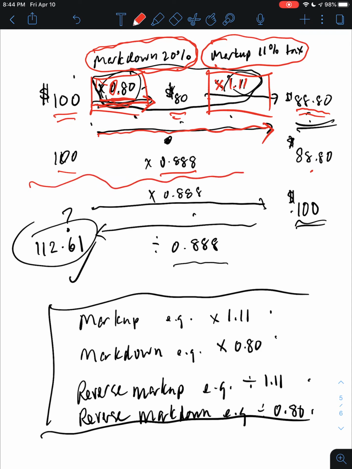Right. And as always, these single steppers are handy because I can use them to reverse the process.